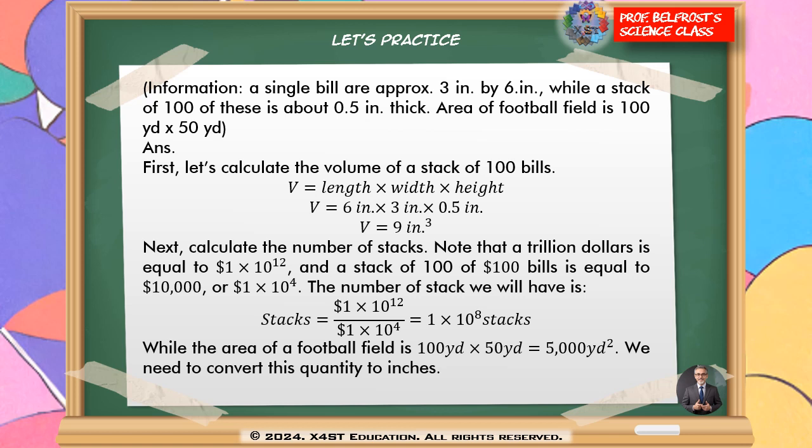While the area of the football field is 100 yards times 50 yards, expressed in yards, we need to convert this quantity to inches because all other measurements are in inches. So the 5,000 square yards, we convert to square inches. Very easy.